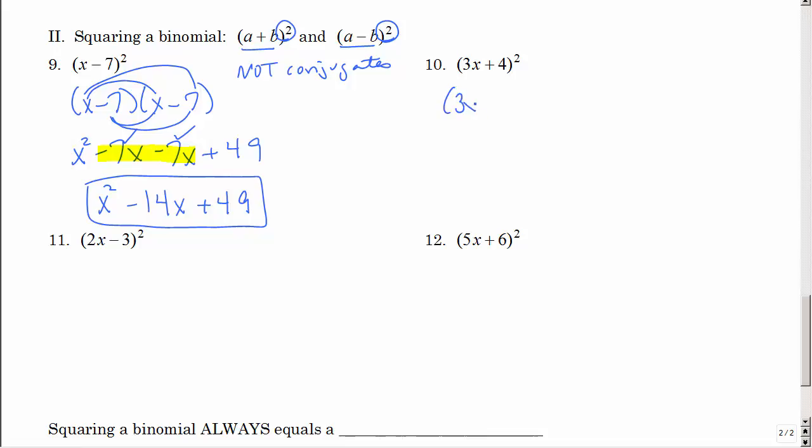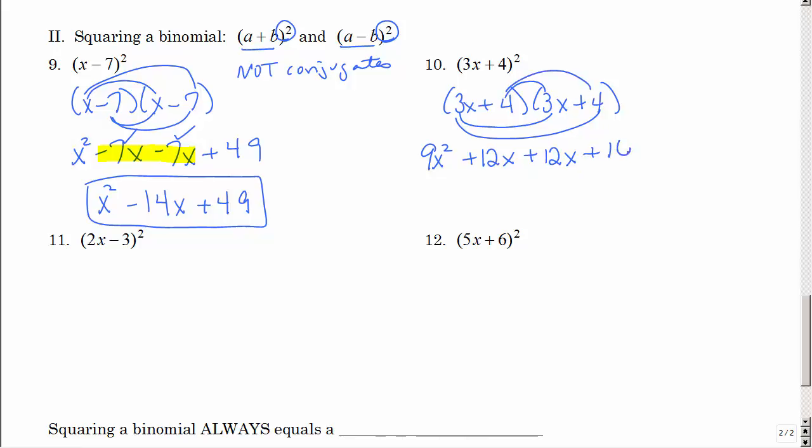Right, so we have 3x plus 4 times 3x plus 4. Right, so we multiply, and since we're squaring, we're going to get the same middle term again with the same sign because they're not conjugates. Okay, those middle terms are going to be the same, and we add them together.